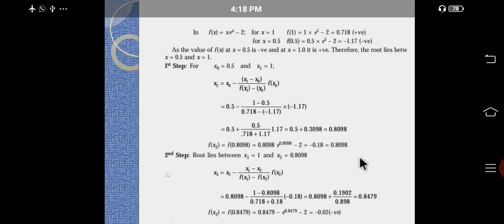We get x2 is equal to 0.8098. Now we substitute the x2 value in the given function. We get the value minus 0.18, which is negative. So at 0.8098 the value of f of x is negative.